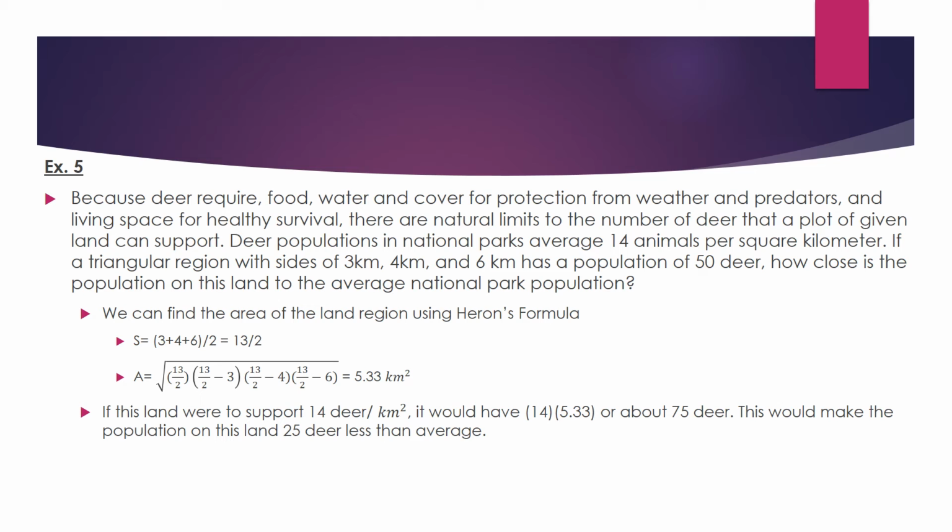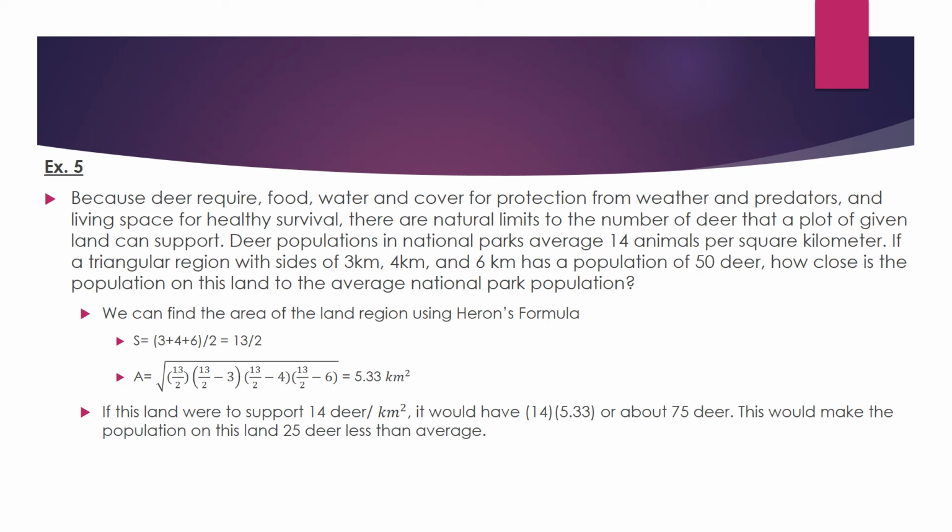Deer populations in national parks average 14 animals per square kilometer. If a triangular region with sides 3 kilometers, 4 kilometers, and 6 kilometers has a population of 50 deer, how close is the population on this land to the average national park population?